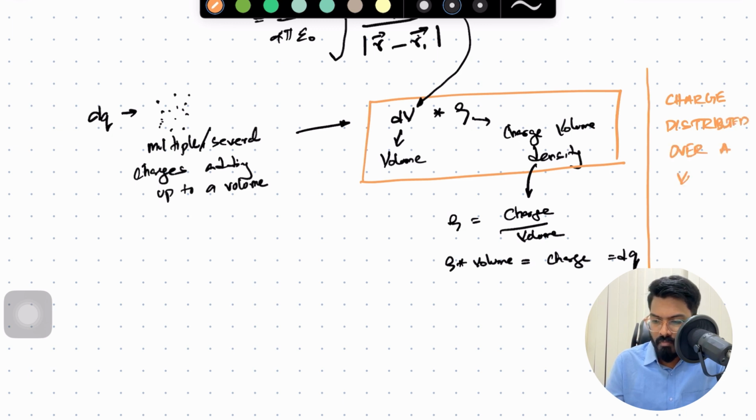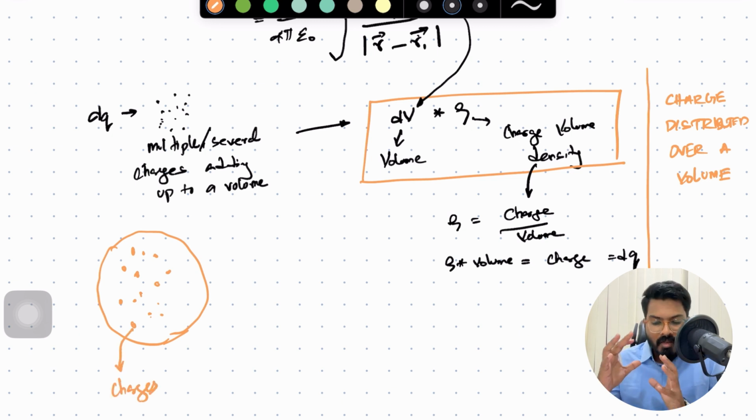What is charge distributed over volume? Compare with some spherical object which is made up of small pieces. We could imagine our favorite sweet laddu. If you look at your laddu, it looks spherical, but it is made of some small pieces, right? Imagine these pieces to be charges, and they all build up together to form a volume.